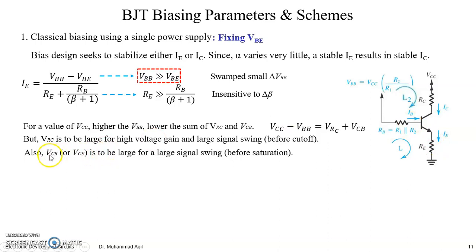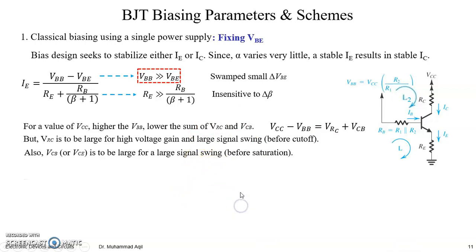So VCB should be large to have a large signal swing before the saturation comes, and also for the swing before the cutoff occurs. Please recall and revisit the Q point fluctuation for an input AC signal, where we analyzed by drawing all the signals on the characteristic curves.